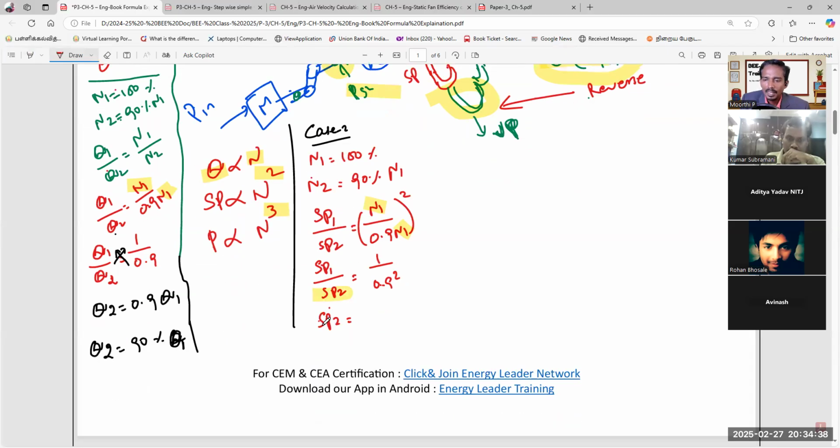Same, you have to find out how many times static pressure, how much percentage of SP1. Simple. Next is this, stage 2. Same cross section: 0.9 square SP1. How many times of SP1? Then tell me the value.